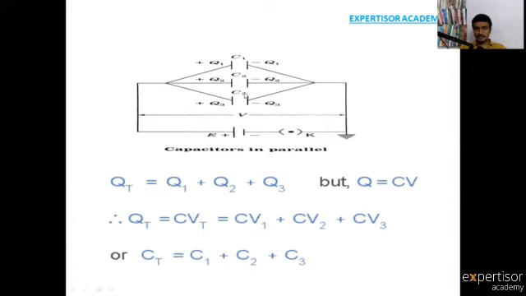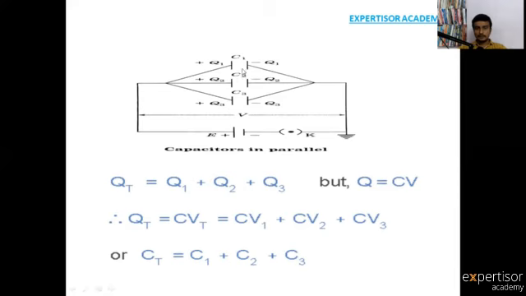In series combination, the same amount of charge is passing through different capacitors, but here different charge is passing through the different capacitors. Okay, so this is the battery and this is the key.